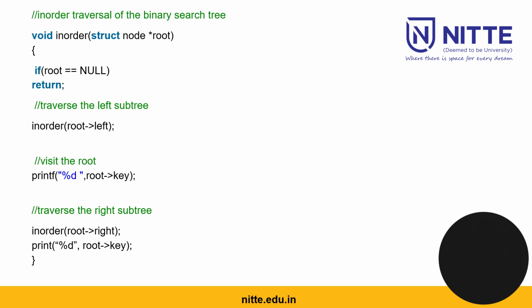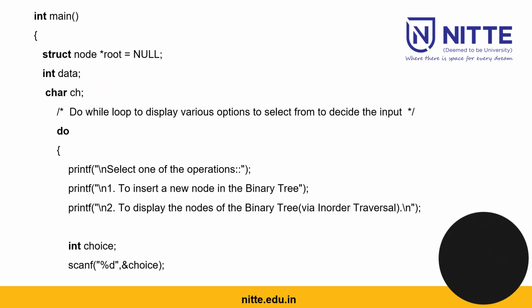So this is how it first traverses to the left, then prints the root, then traverses to the right of the root. Then we will write the main function: struct node *root = NULL.